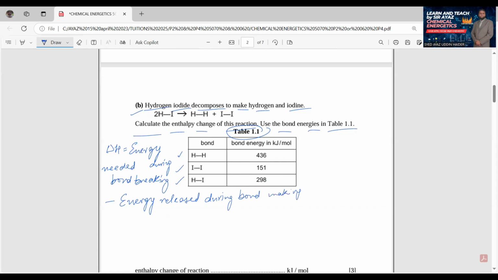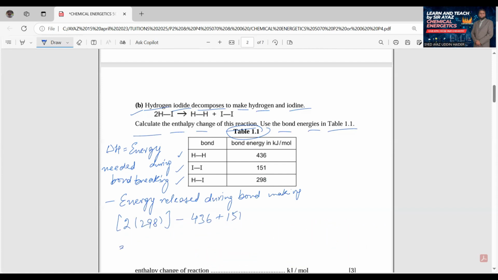So we have two H-I bonds. So I will multiply 2 by 298. Putting all these things in bracket. Minus, we have H-H, which is 436, plus I-I is 151.